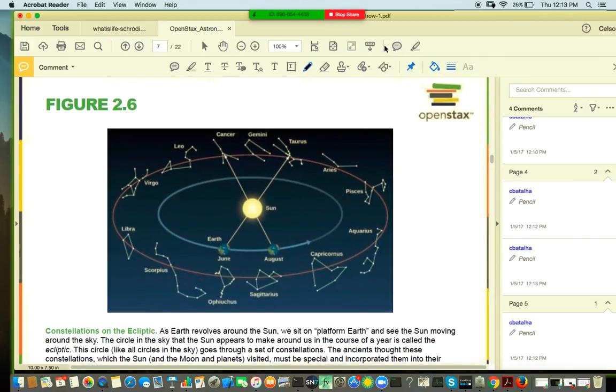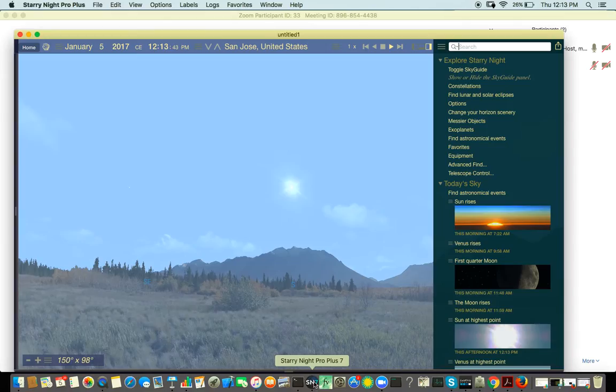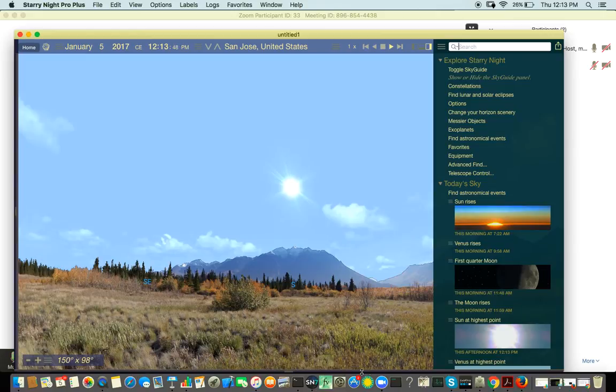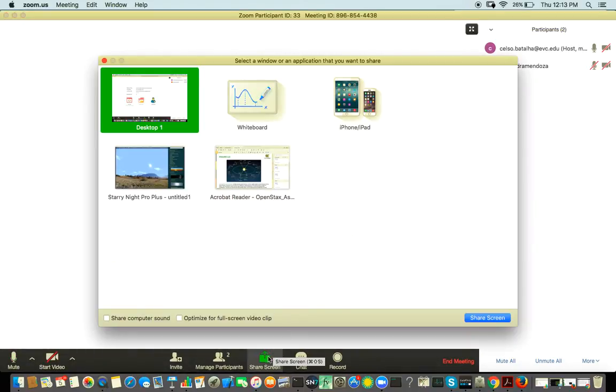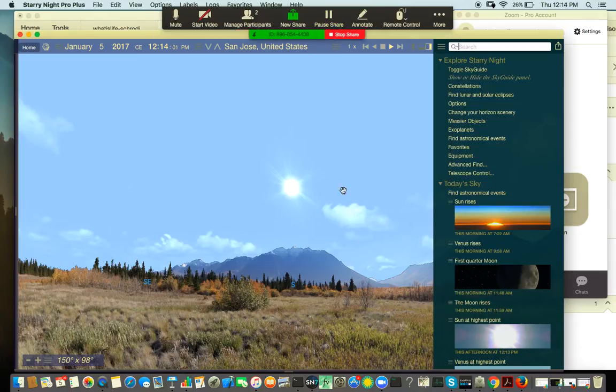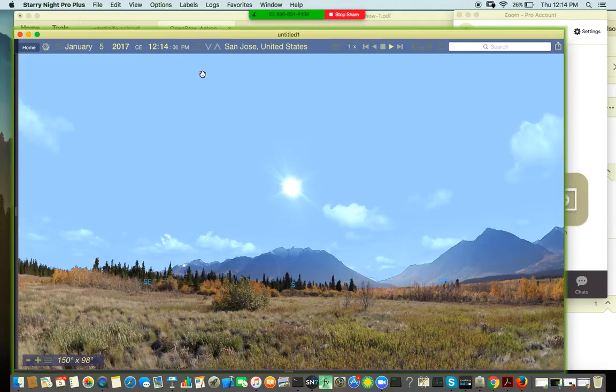So let me stop sharing this and show some other software that helps to visualize what's going on. There you go. This is software that displays the night sky, at 12:14. This is the local time, right? 12:14, and January 5th, 2007.